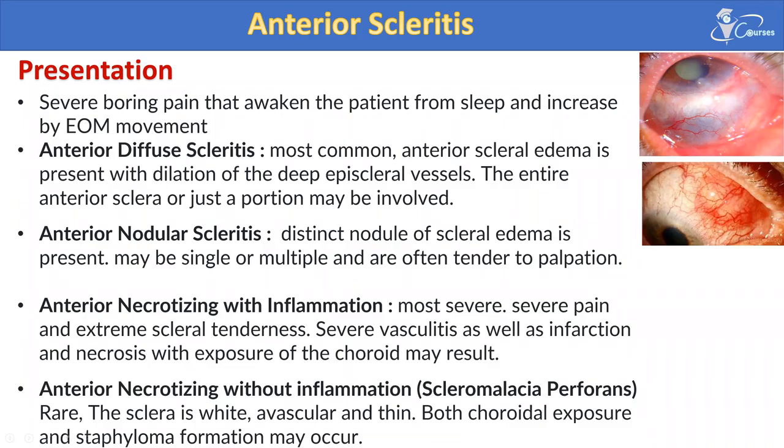Okay, Dr. Wala here is asking, what are other causes that awaken the patient? Well, there are many reasons for severe pain that could awaken the patient from sleep. As we said, anterior scleritis, recurrent epithelial erosion, trigeminal neuralgia, like if the patient has post-herpetic neuralgia. These are the most common causes.